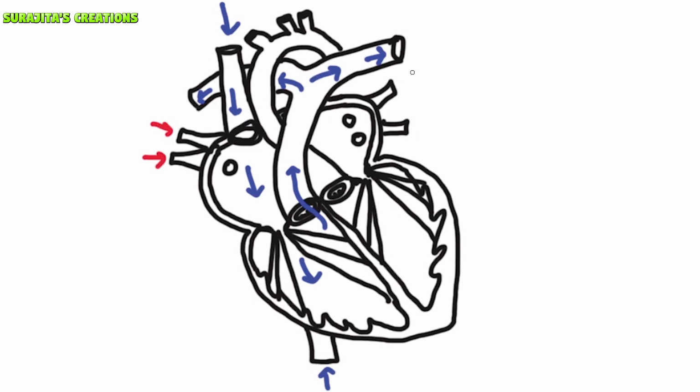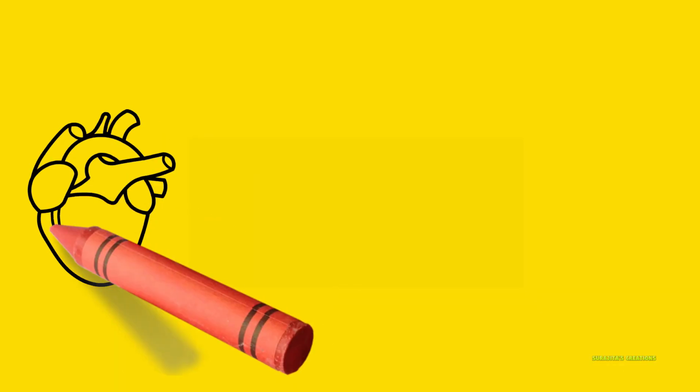Oxygenated blood enters into the chambers of the heart through the pulmonary veins. Now it enters into the left auricle, then to the left ventricle, then through the aorta, distributed to other body parts.